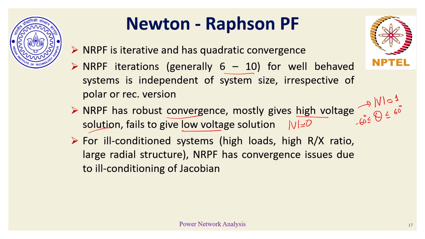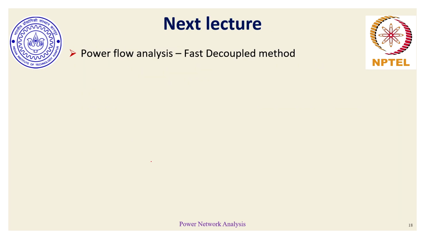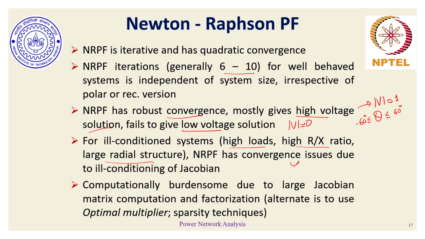For poor or ill-conditioned systems, wherein the load is very high or the distribution line R by X ratio is very high or the network structure is very radial, the corresponding Y bus becomes diagonally non-dominant, and that is a big link here.